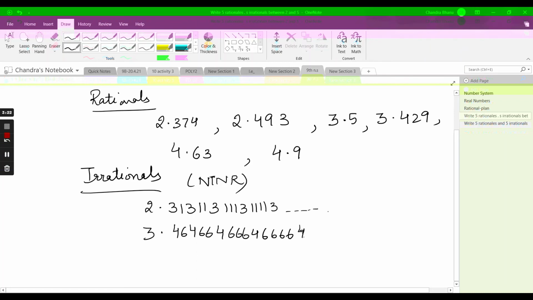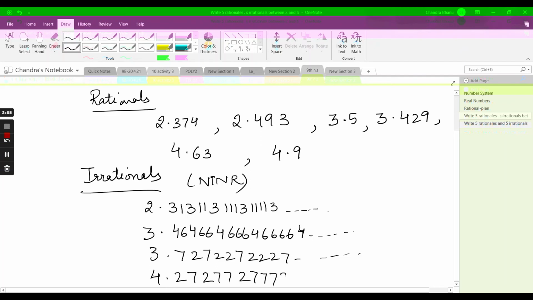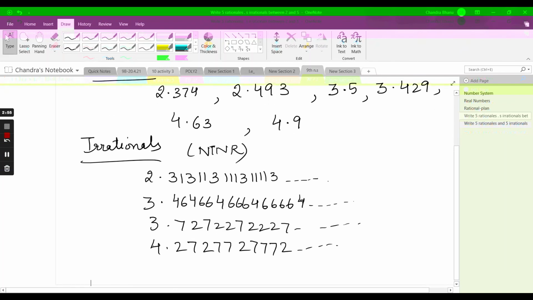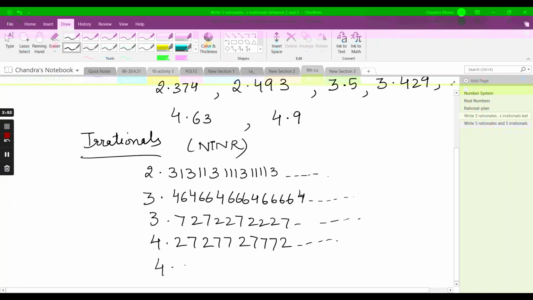Like this, I will form a pattern that is non-terminating and non-repeating. I can take one more, 3.72, 722, 7222, on and on. 4.27, 277, 2777, on and on. And one more, 4.90, 900, 9000. Like this, they are non-terminating and non-repeating.